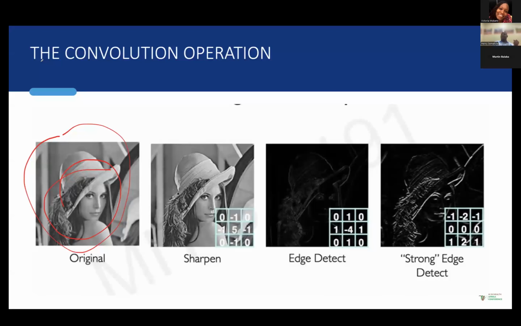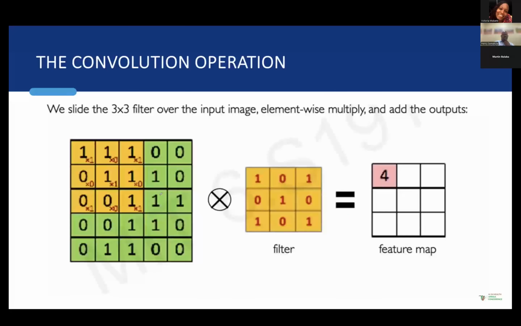If you have an image, like the images that you're seeing, these images are in the form of pixels, and they are in the form of numbers. You have numbers inside the images. So how do we pick important features from an image? We need to perform what we call the convolutional operation. We're going to see an example.